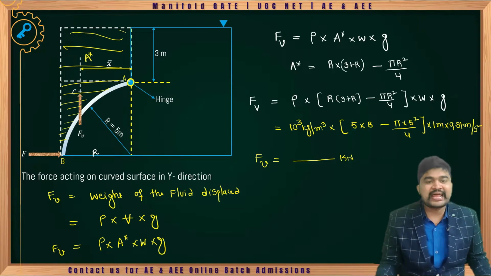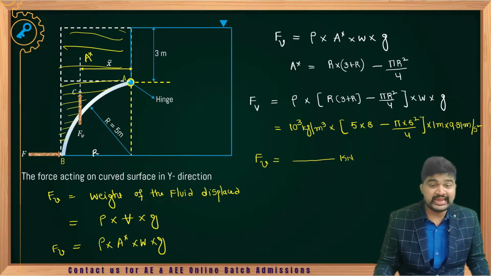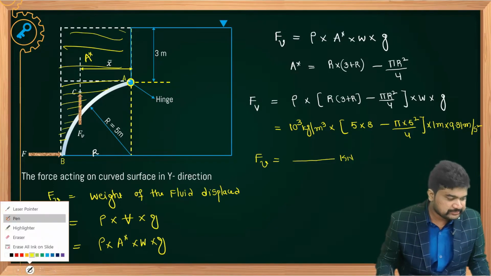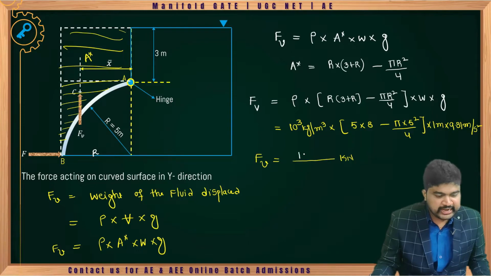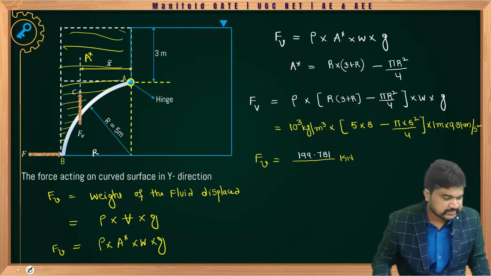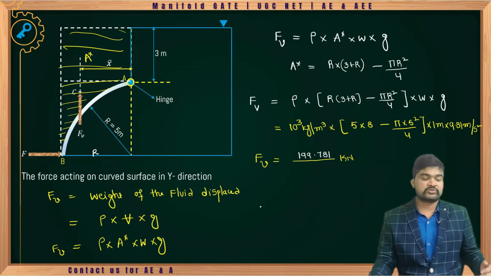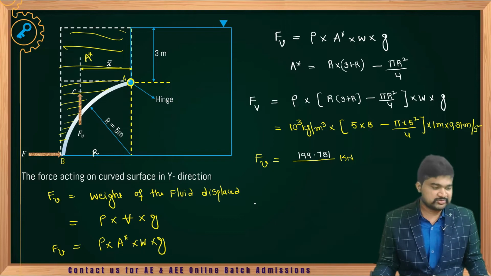So finally 199.781 kilonewton. That is the vertical force acting on the curved surface.